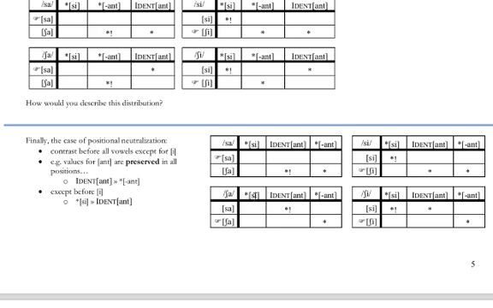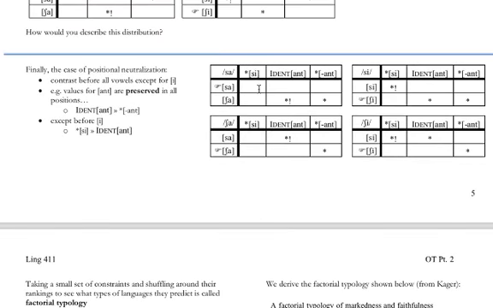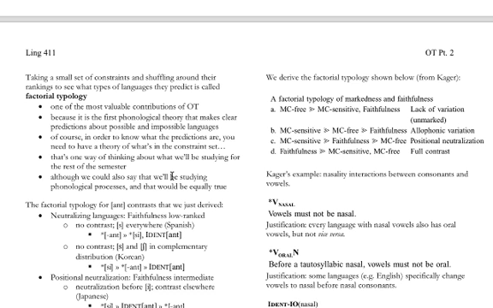And some languages seem to specifically ban anterior coronal fricatives before high front vowels, we better have a context-specific markedness constraint against that. Right? And without having these constraints and knowing what exactly is in them, obviously we can't predict anything. You need to have a theory of what's in the constraint set to generate any predictions.